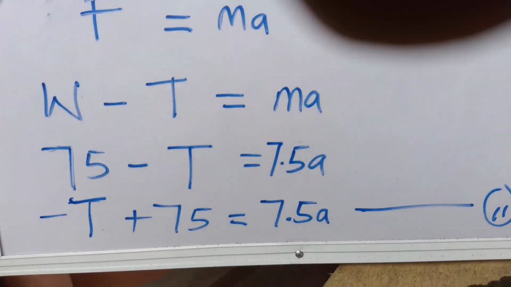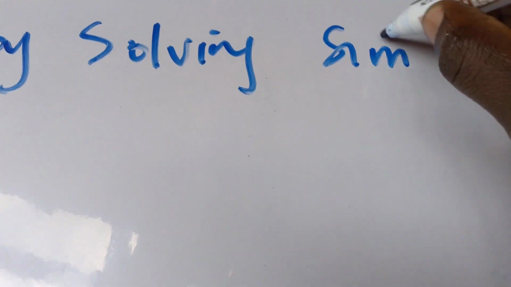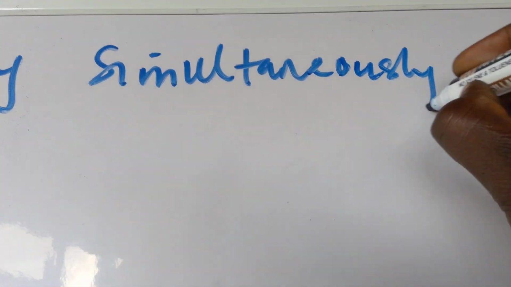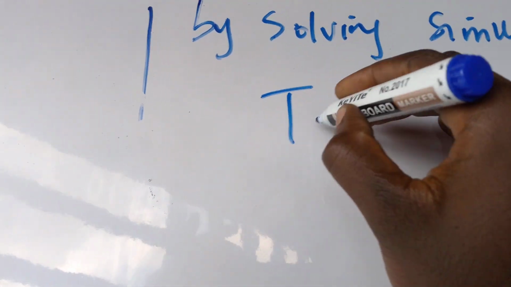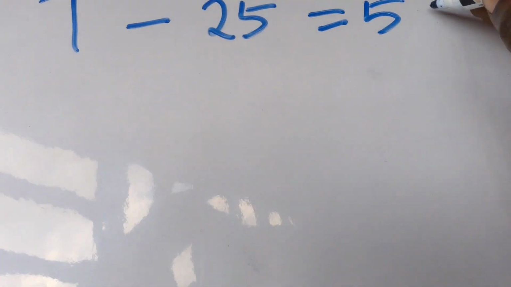Call this equation 2. Now I will solve simultaneously. I'll first write equation 1 out. Equation 1 is T minus 25 equal to 5a.